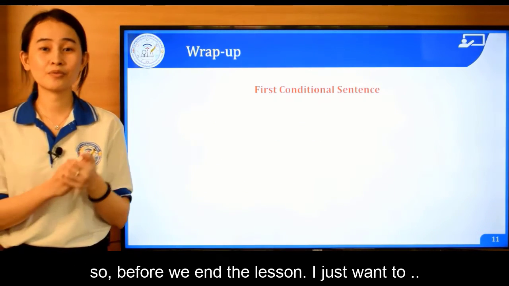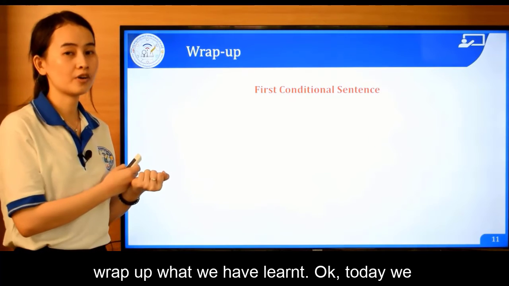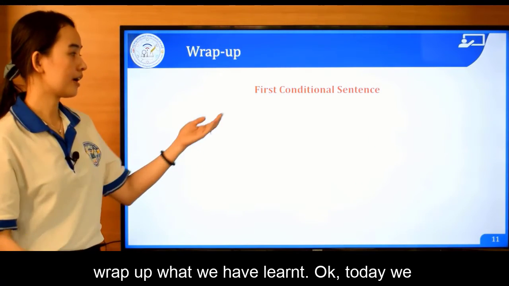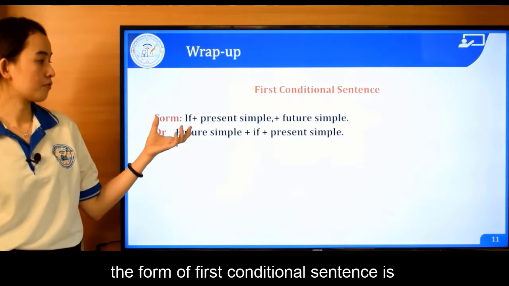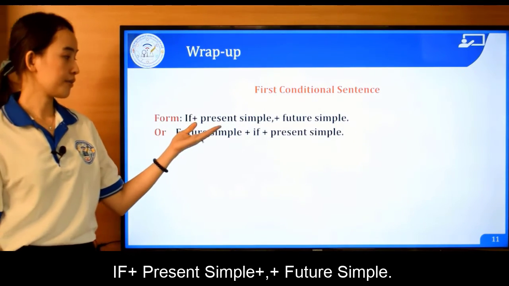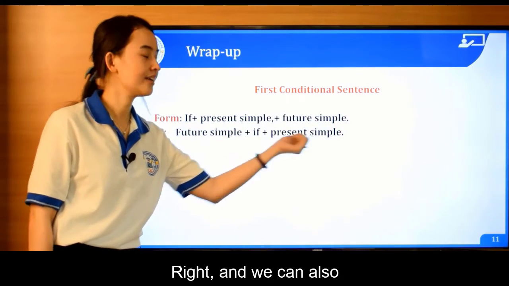Okay, so before we end the lesson, I just want to wrap up what we have learned. Today we have learned about the first conditional sentence, and the form of the first conditional sentence is if plus present simple plus comma plus future simple, right?